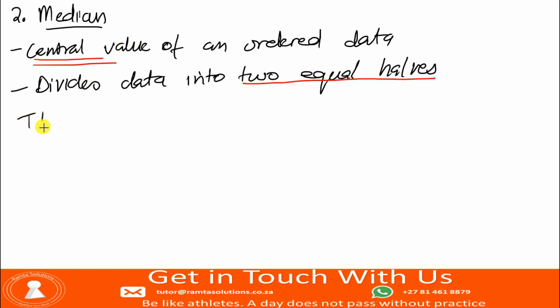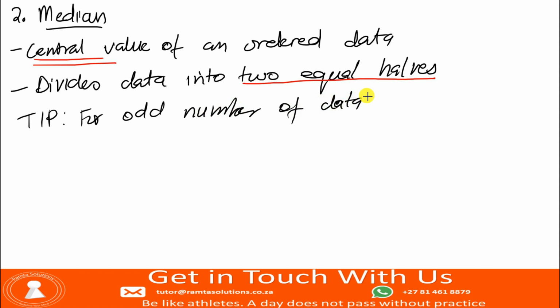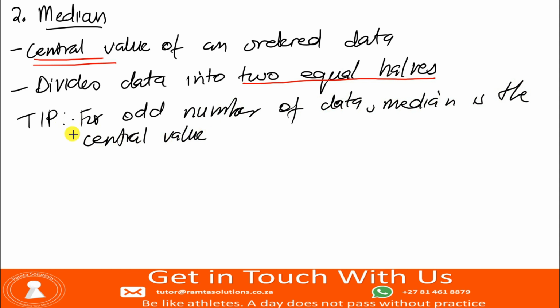For an odd number of values of data, the median is the central value, once the data is sorted.